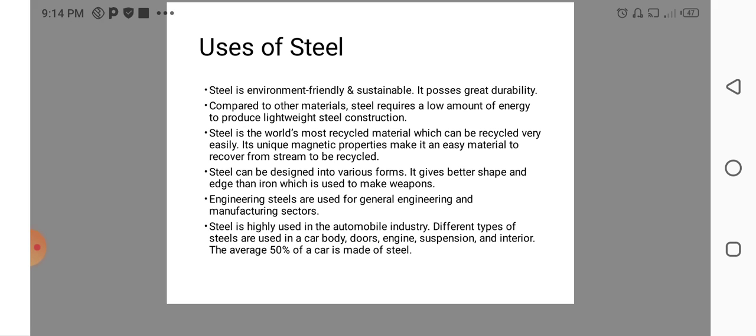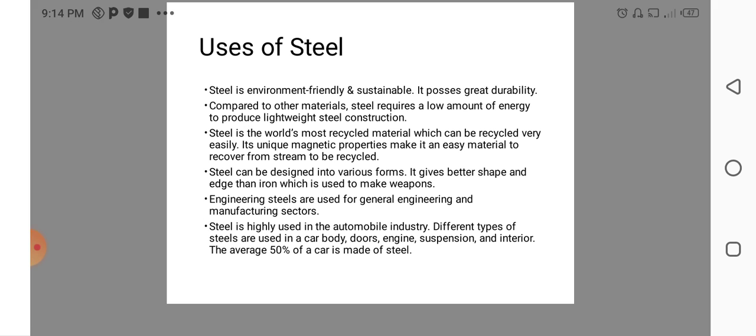Engineering steels are used for general engineering and manufacturing sectors. We all know that for industrial manufacturing, various elements of the automobile sector, or in a household structure, in various fields, these steels are being manufactured. Steel is mainly used in the automobile industry.